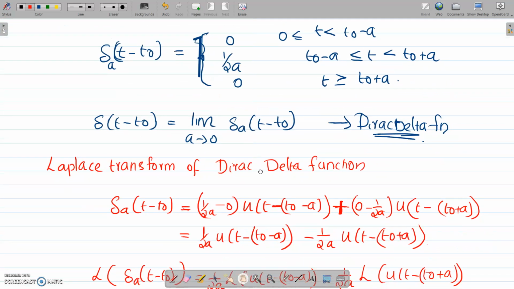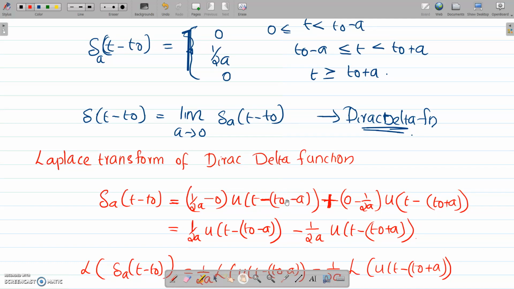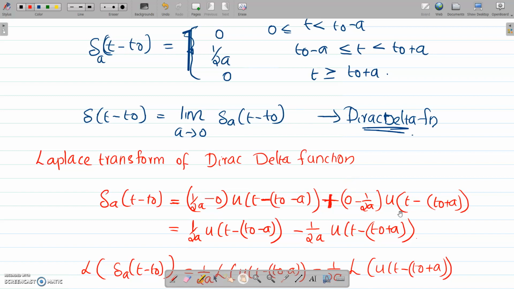So how can we write this in terms of one function? Delta a of t minus t naught is equal to, by using the rule of the unit step function, 1 by 2a minus 0 into u of t minus (t naught minus a), since the first point here is t naught minus a, plus 0 minus 1 by 2a into u of t minus (t naught plus a).